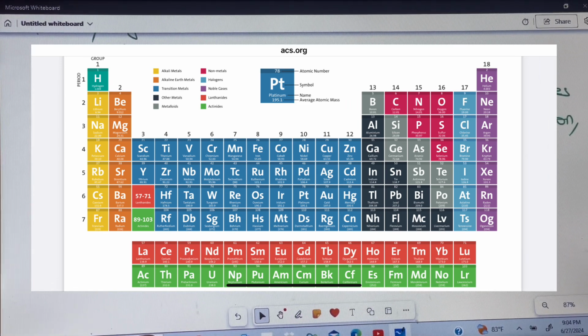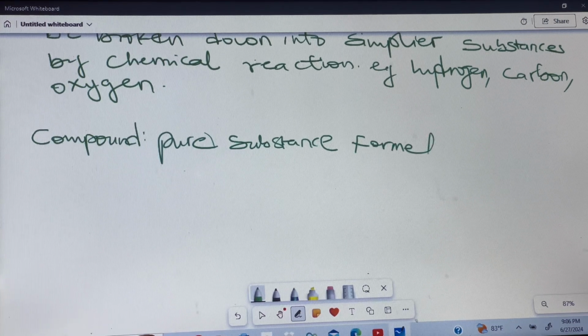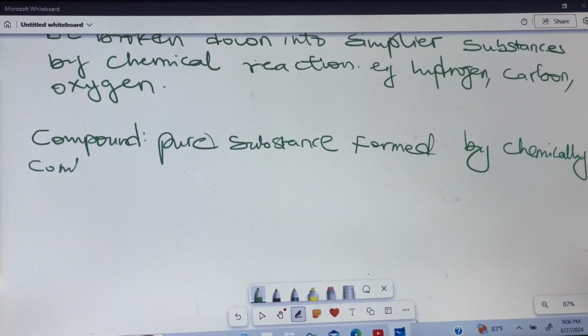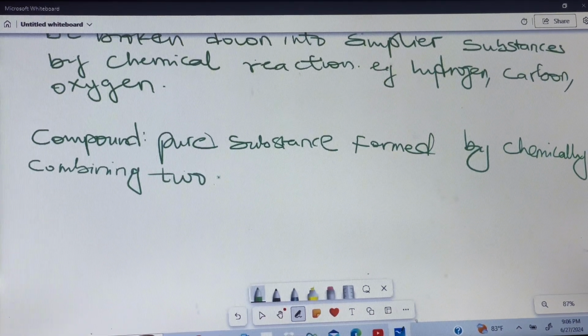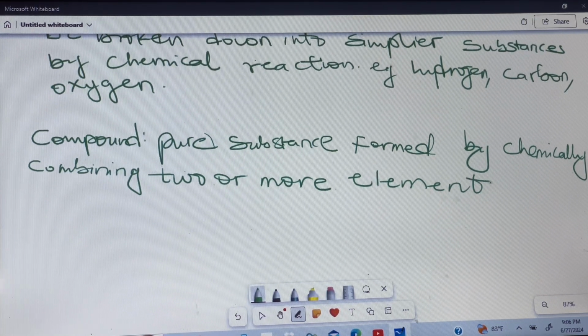And the next one we're going to talk about is the compound. A compound is a pure substance formed by chemically combining two or more elements.